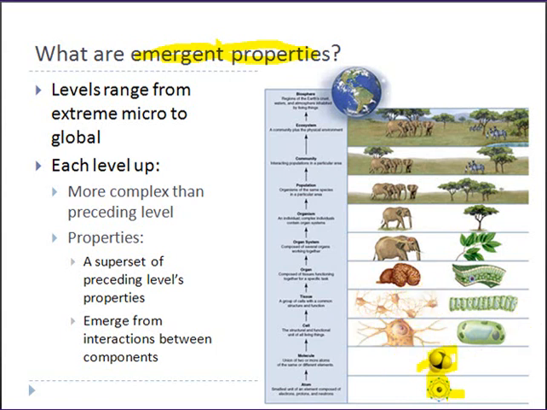And then all of those different molecules together create functional cells. And the properties of those cells as living organisms are emergent properties. They're properties we wouldn't normally predict to see just from a bunch of molecules getting together. Okay, so the sum or the total is greater than the individual parts.